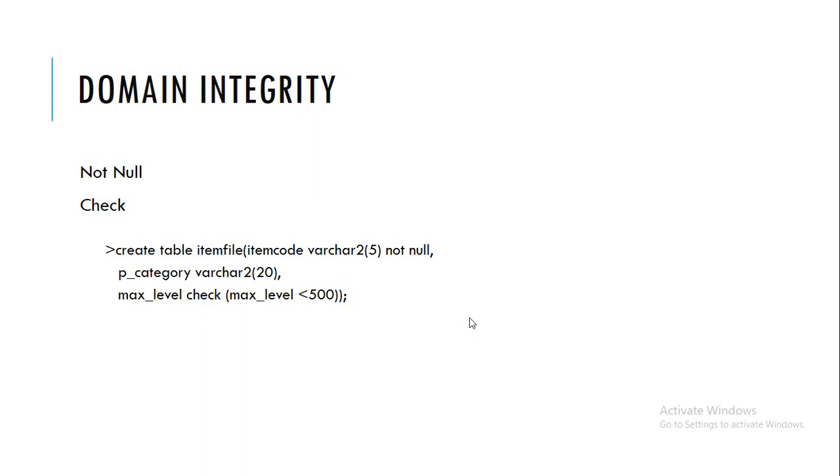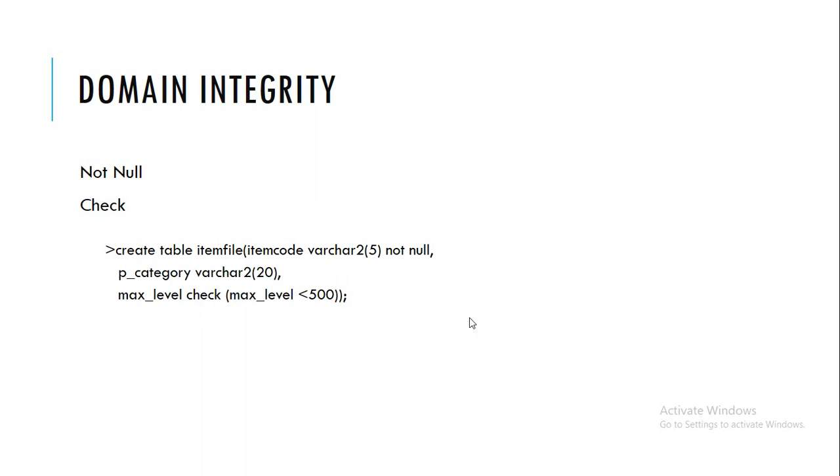So you have to enter some value over there. And check: suppose I put some criteria that this one should be more than this, like when we are saying that the age should be more than 18 years, or more than 15 years. So that part is getting checked over here.